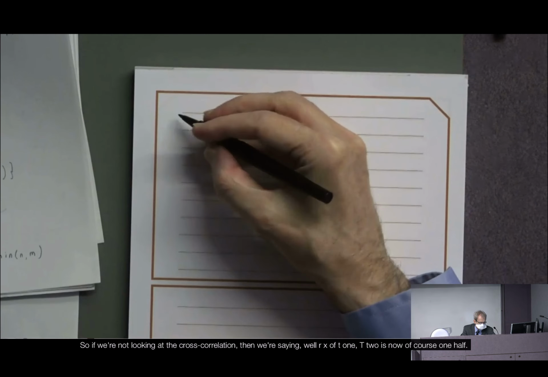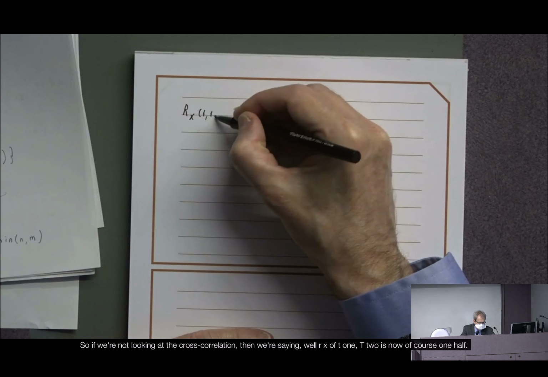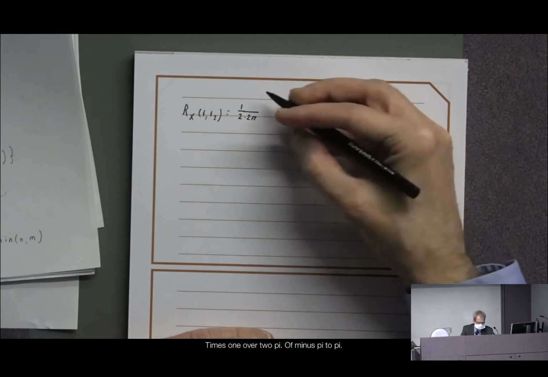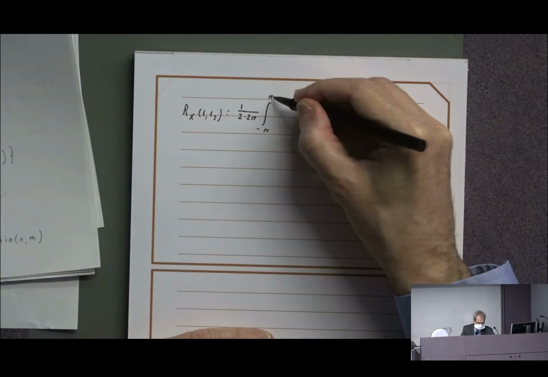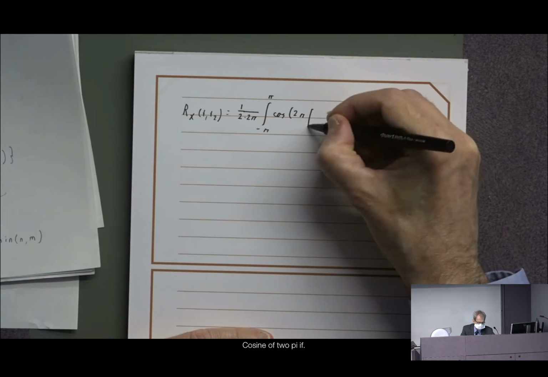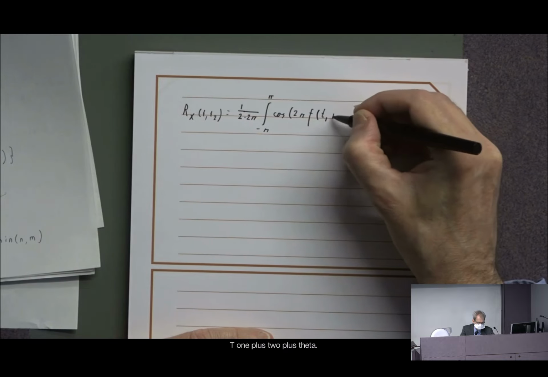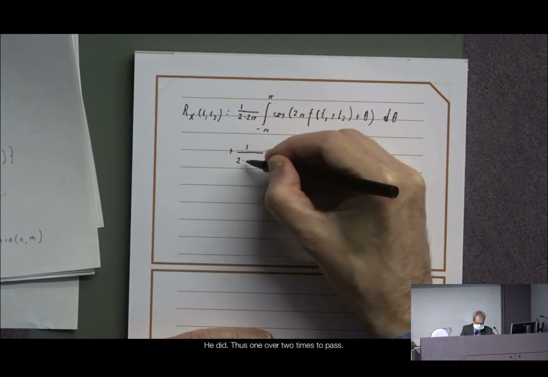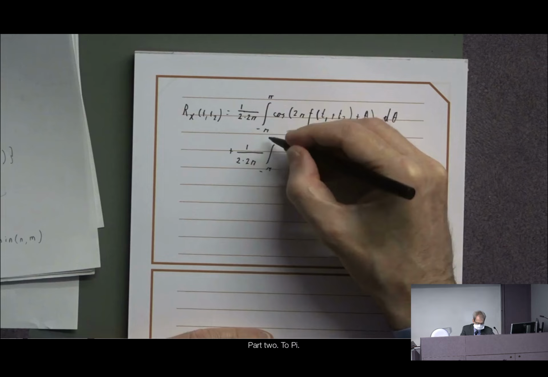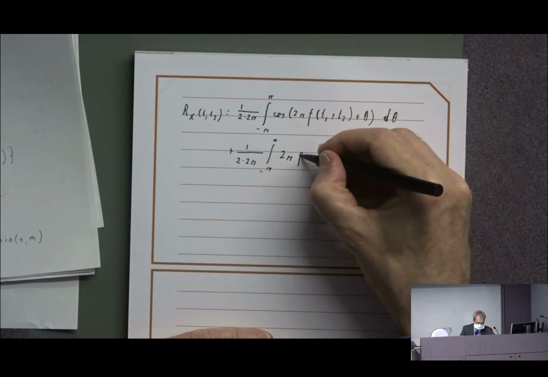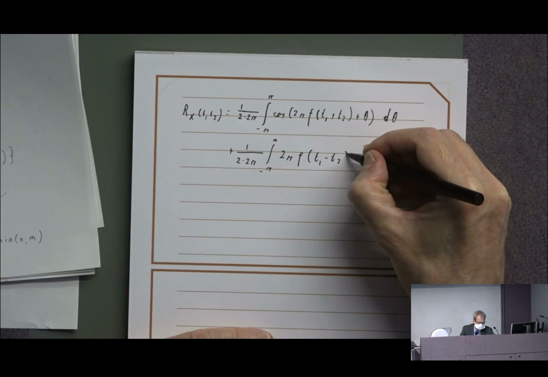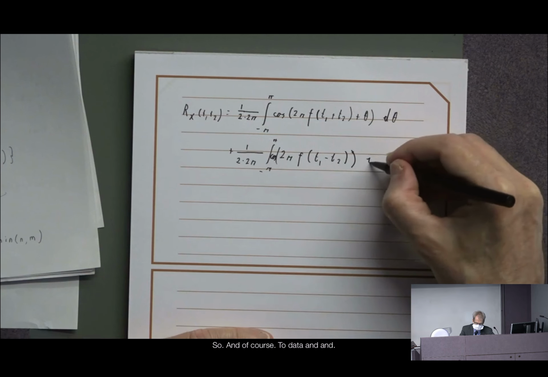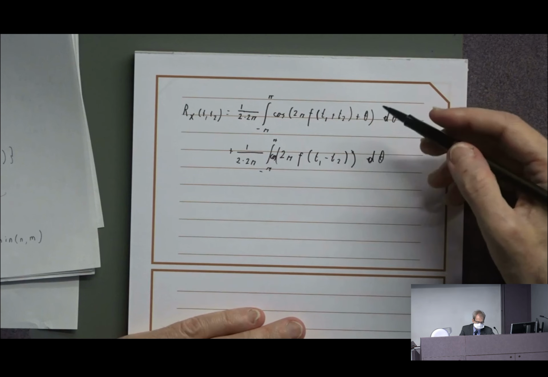So if we're now looking at the cross correlation, then we're saying, well, our Rx of t1, t2 is now, of course, 1/2 times 1 over 2 pi, integral from minus pi to pi of cosine of 2 pi f (t1 plus t2) plus 2 theta d theta, plus 1 over 2 times 2 pi, integral from minus pi to pi of cosine of 2 pi f (t1 minus t2) d theta. Right, cosine, of course. And why?